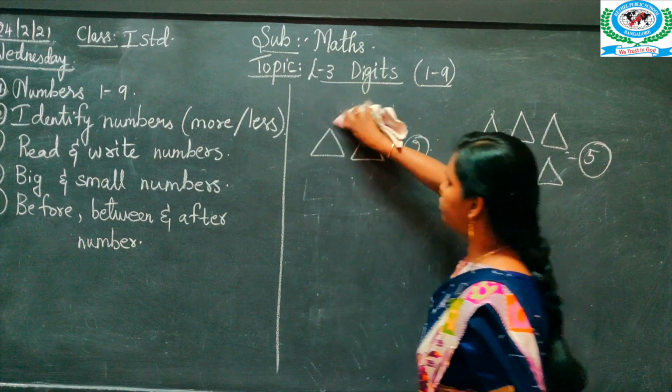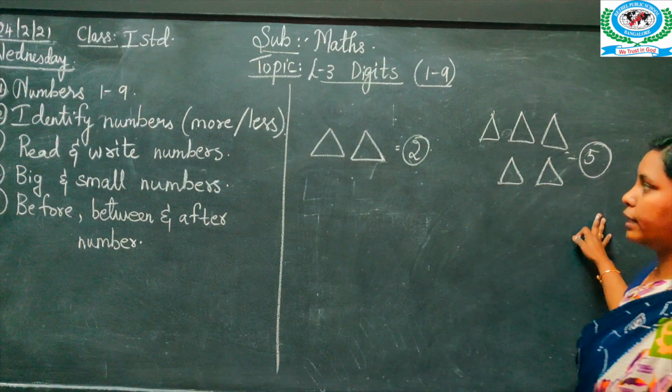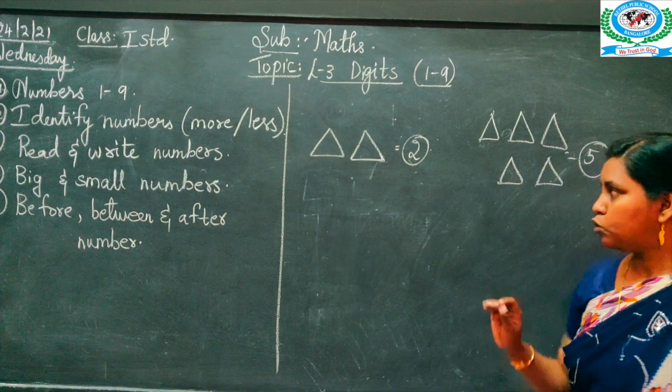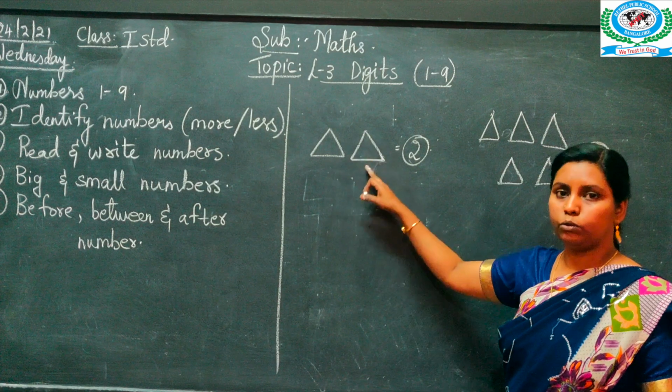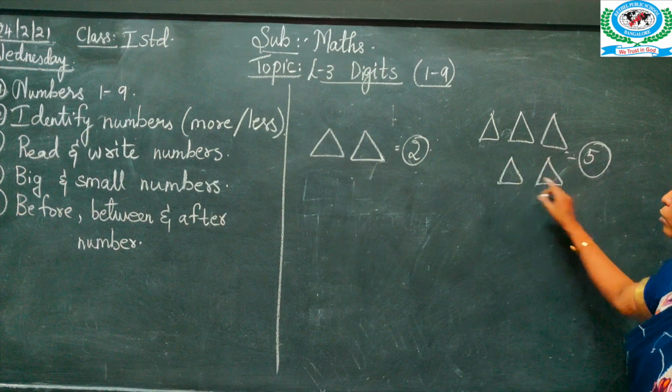Suppose if you have two triangles this side and five triangles this side, so which is the more quantity and which is the less quantity here? So if we counted 1, 2, these are two triangles, and these are 1, 2, 3, 4, 5.